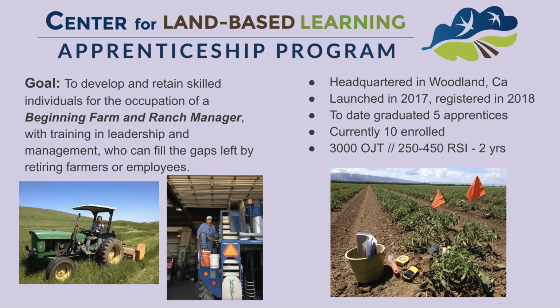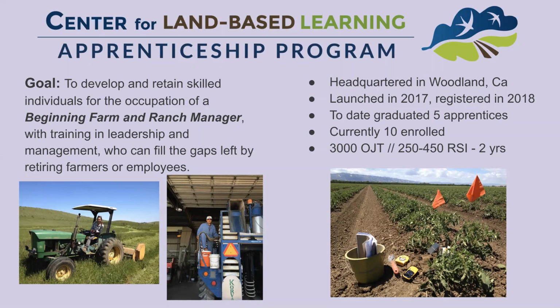So some of the basics, we're located in Northern California, a little east of Sacramento in Woodland, which is surrounded by agriculture. And we started this as a pilot project in 2017 with 2 farms and 3 apprentices. And we registered with the state Division of Apprenticeship Standards in 2018.